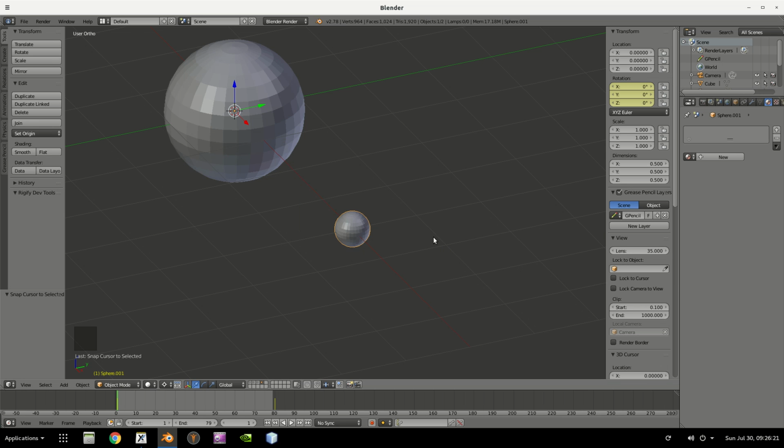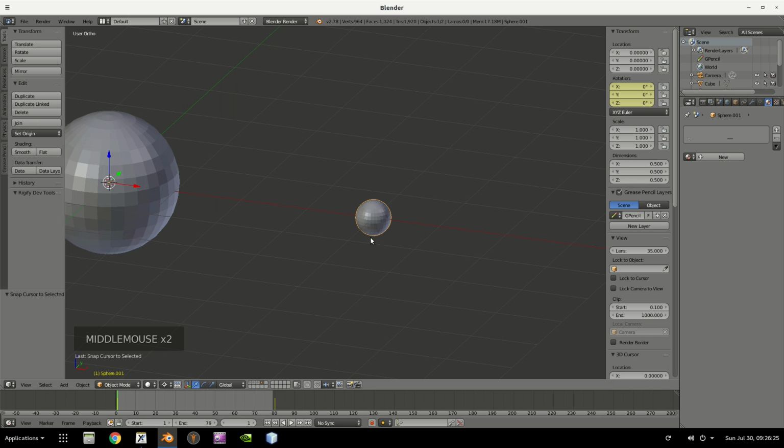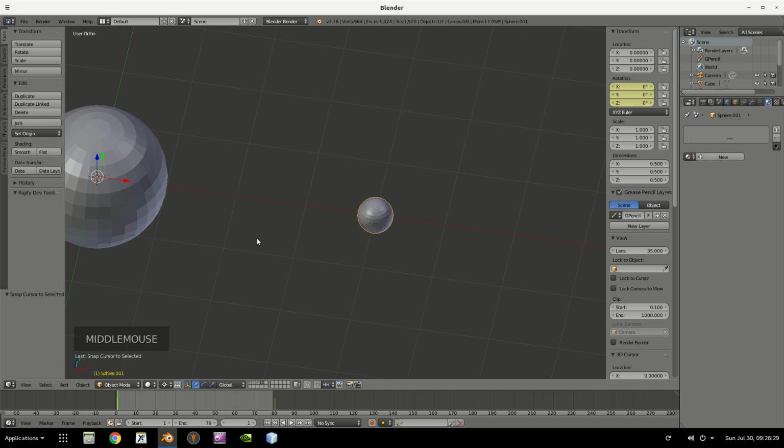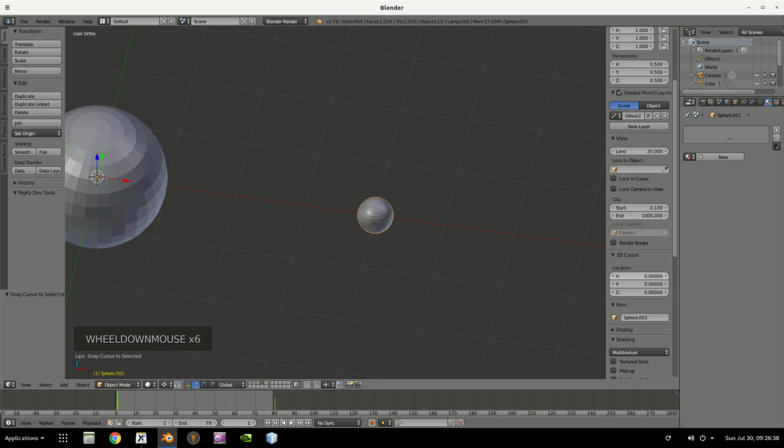Okay, I see. Where am I at? 1, 2, 3, 4. All right. So the 3D cursor, where is that? I want to place the 3D cursor right here, and I can change it there.